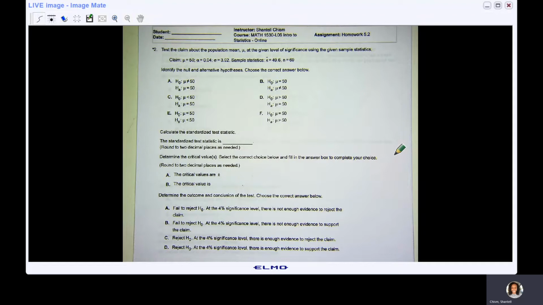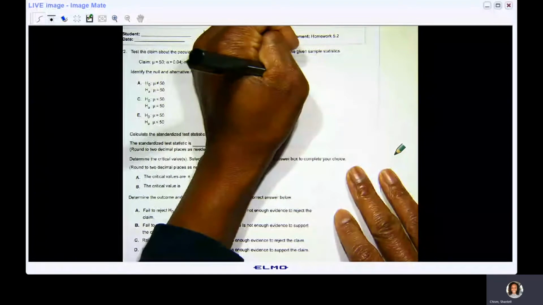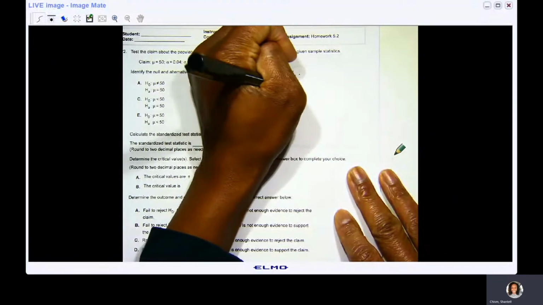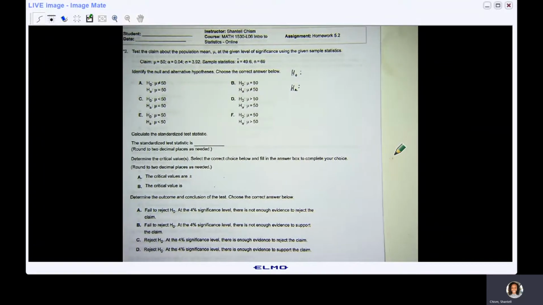Okay, so the first thing we're going to do for every test is set up the hypotheses. Remember from 5.1 that you have two hypotheses, the null hypothesis and the alternative hypothesis. The null hypothesis is the one that must contain equality.